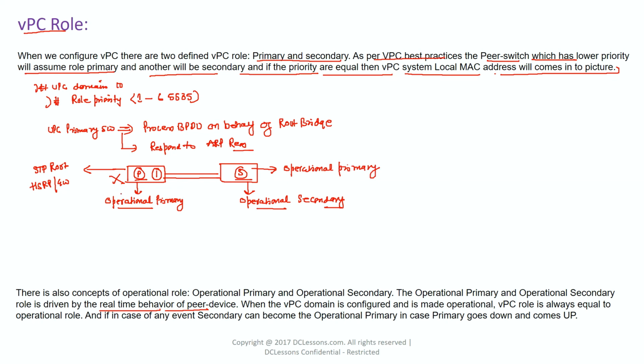Now let's suppose after some time the original switch 1 comes up. The VPC role is non-preemptive in nature, so it will not resume its original role of operational primary; rather, it will be operational secondary now.